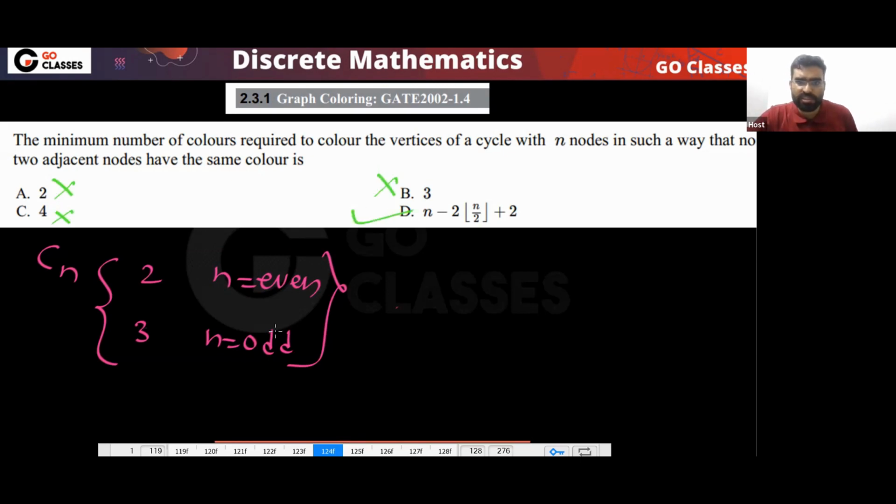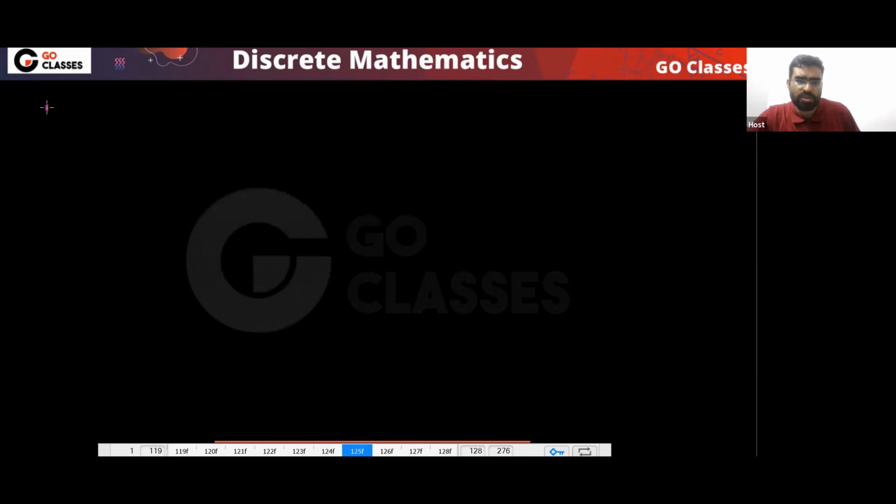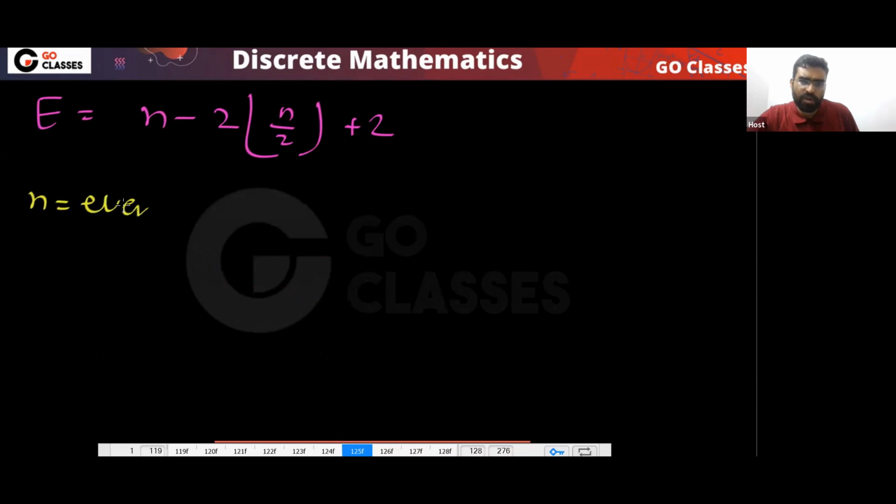Actually, this is a beautiful question because if you notice this value, this will become 3 for n equal to odd. This will become 2 for n equal to even. If you notice this, this is your expression. Let's call it expression E. So this is your n minus 2, n by 2, okay, plus 2. If n is even, for example if you take n equal to 6, then you will get 2.